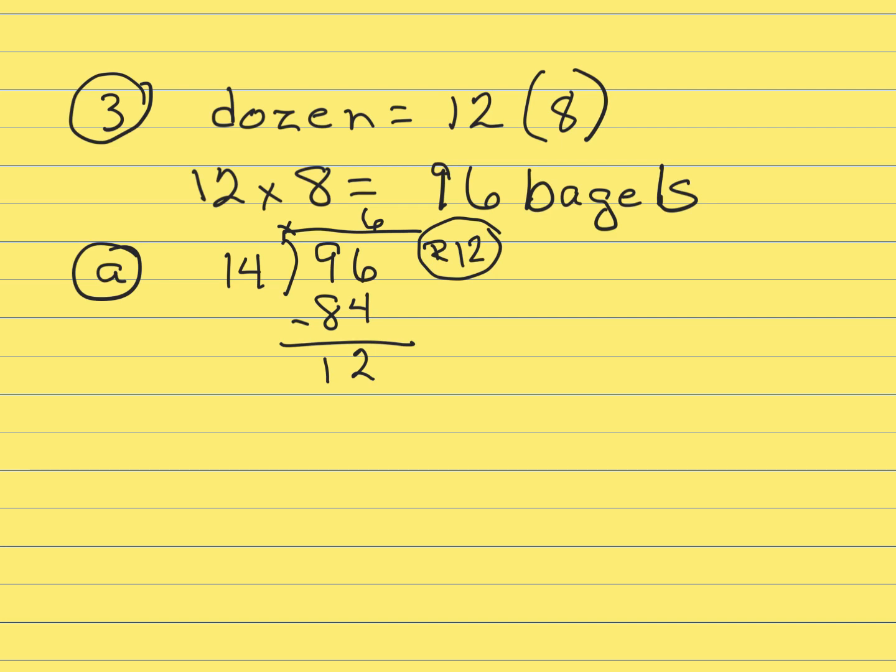When you're doing these word problems, think about what you're actually trying to figure out, because you might have to do this someday. So all 6 plates have 14, except the last plate is going to have 12. Okay, and then B asks how many more bagels would be needed to fill the final plate with bagels. Okay, so you have 12 and it can hold 14. So that's a simple math one.